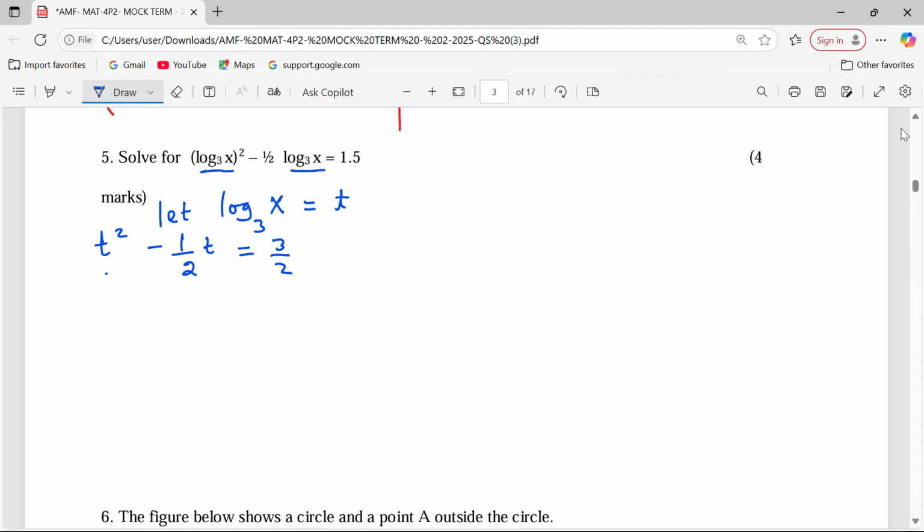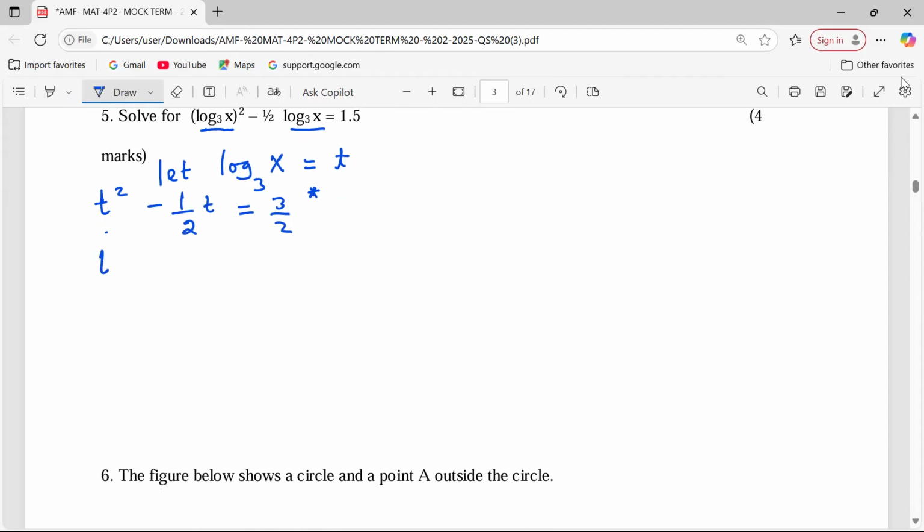So t squared minus half t, we add a constant here, then 3 over 2, we also add the same constant there. We should look for a constant such that when added to the left-hand side, it shall become a perfect square.